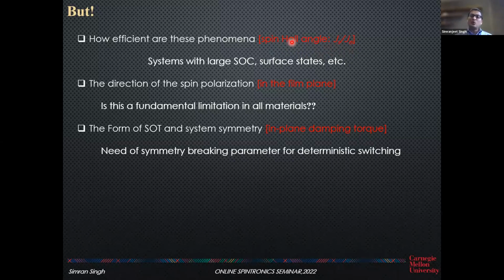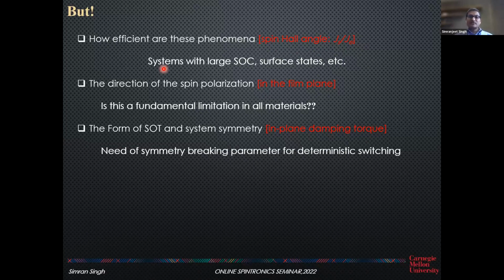In a material, you want to maximize the spin Hall angle so that you can get efficient charge to spin conversion, or vice versa. And for that, people are looking for systems with large spin orbit coupling, or systems with surface states, like topological insulators or other exotic topological systems.